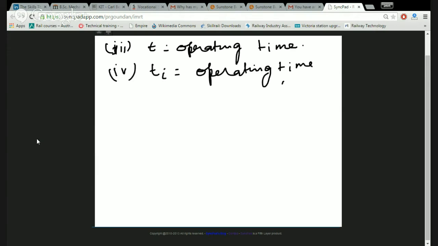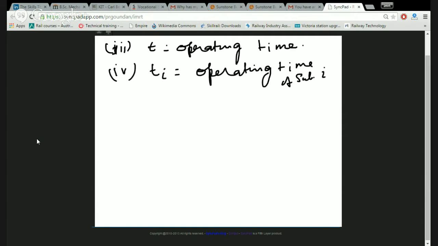While launching, some subsystems may need to work only for a few minutes, whereas other subsystems have to work till the end of the flight. So this is the general case. Each subsystem has its own operating time for the entire system to work.